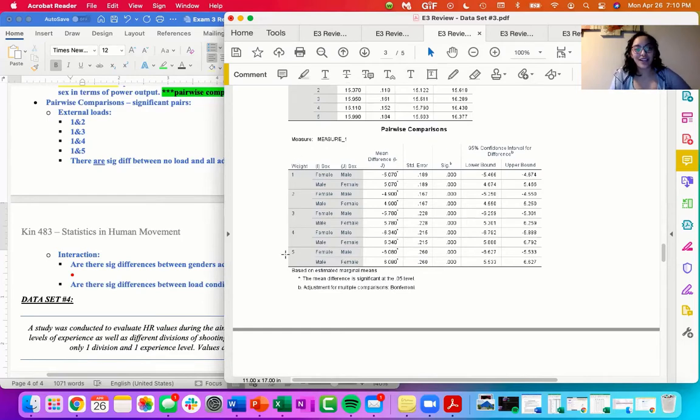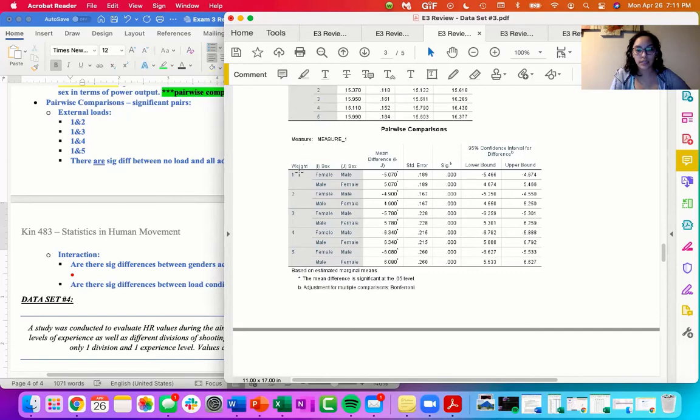The first column is weight. So this is what we're looking at within. When we only have no weight conditions, what are the differences between male and female? So you can see the between comparison, and don't get this confused with between subject. The between comparison is the second column, or the second independent variable listed. The within or across condition is going to be the weight, or the first column.